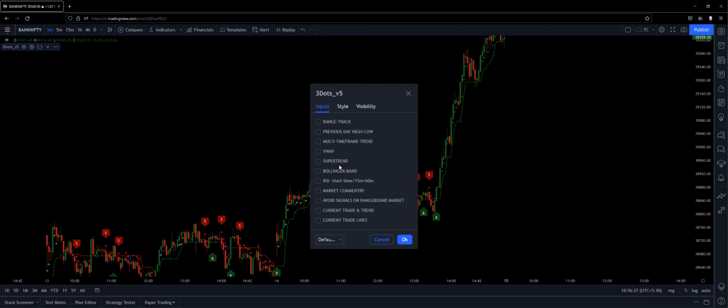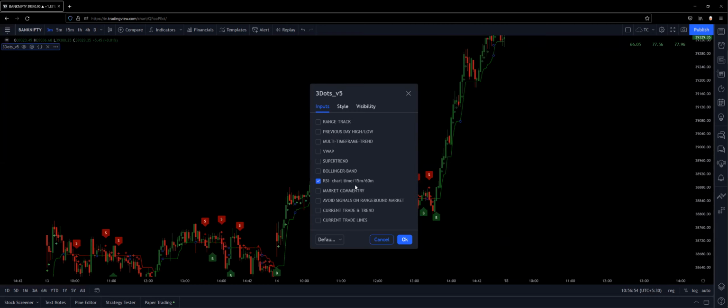Next things are VWAP, Supertrend, Bollinger Band. I think everybody knows these, and I have added them for your information. Another one is RSI for different time frames, which you can see here. If you are on a 3-minute time frame, first whatever is shown is the 3-minute RSI, then the 15-minute RSI, and then the 60-minute RSI, right?